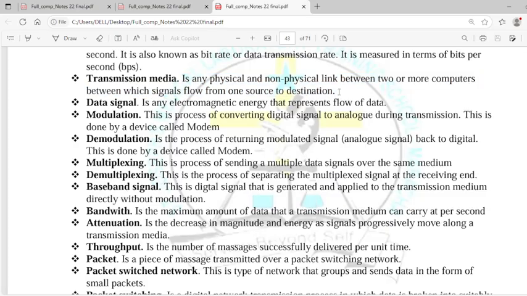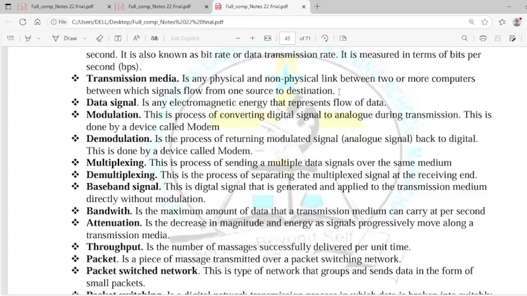The medium can be physical or non-physical. A physical transmission medium is the one where a dedicated path is established. That is communication through cables or wires. For example, when you are sending something from your phone to the computer using a USB cable, that is physical.